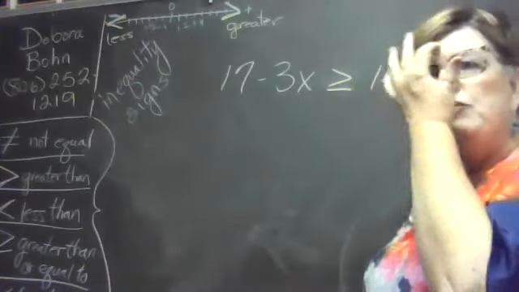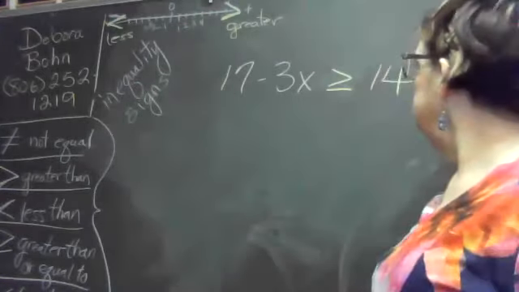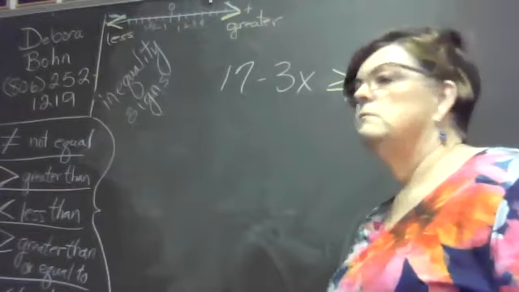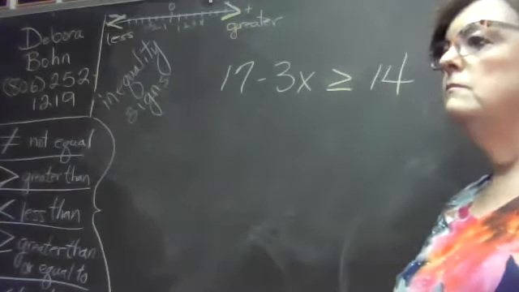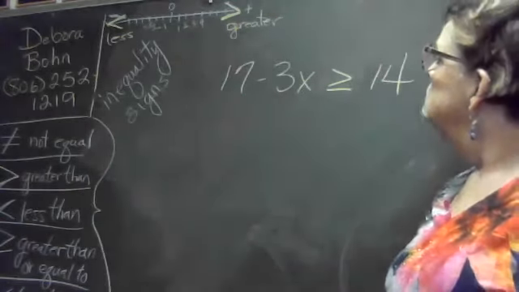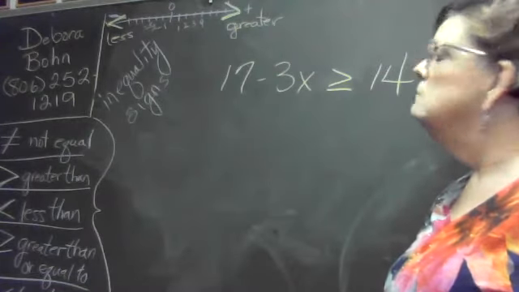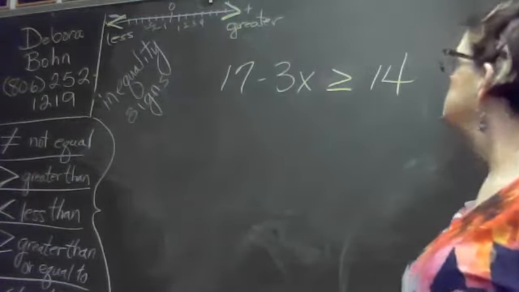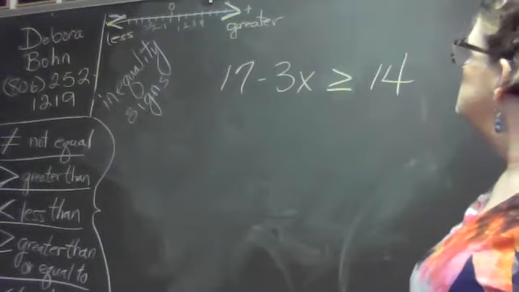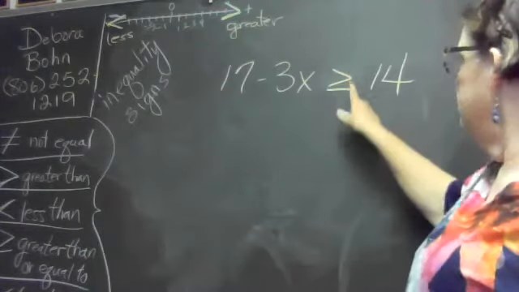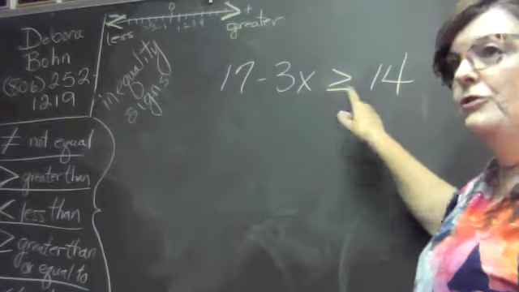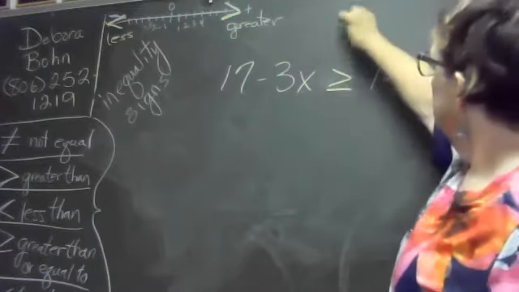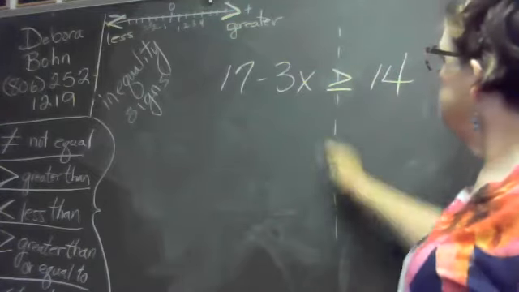Does everybody have this one written down? That means it's greater than or equal to. Line down through the inequality sign, circle the variable.